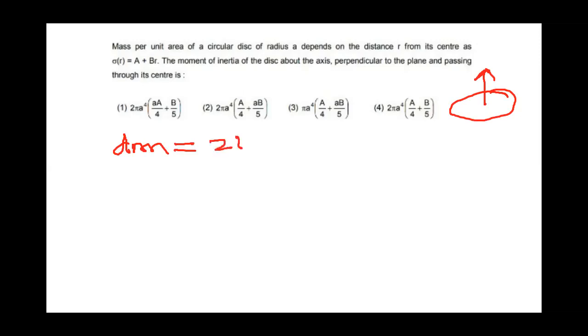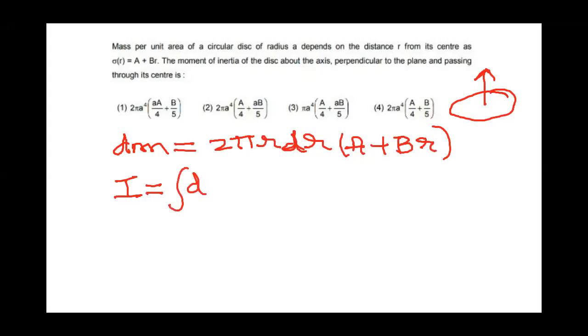So dm will be 2 pi r dr, the surface area, into your density A plus B times r, right? And then by calculus, you can find out the moment of inertia about that axis. So your moment of inertia I, which you already know, will be the integral of dm into r square, over all such rings starting with radius 0 and ending at radius a.